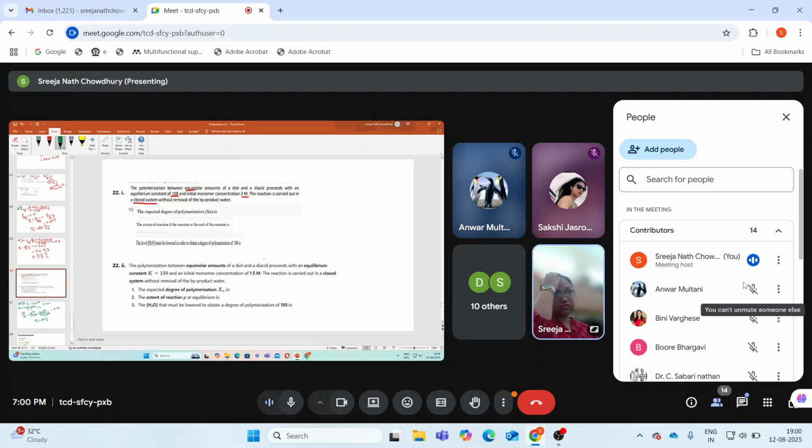So we have to find the degree of polymerization, that is Xn is equal to 1 plus K to the power half. 1 plus K to the power half, and this will become 13.24. Now the chemical concentration, that is the end of the reaction, can be calculated as K to the power half divided by 1 plus K to the power half.